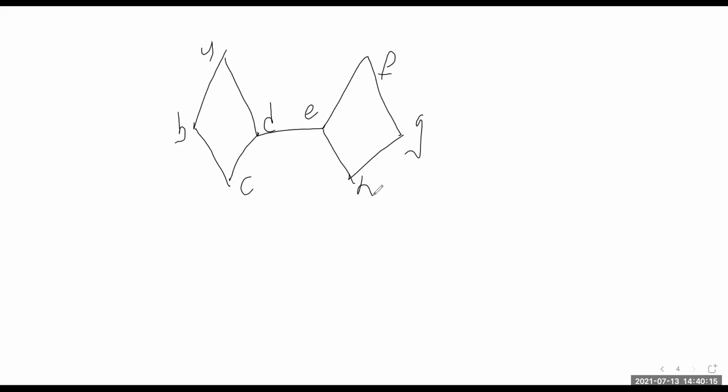In the following graph, vertices D and E are the cut vertices.